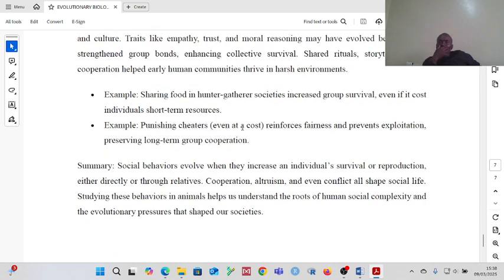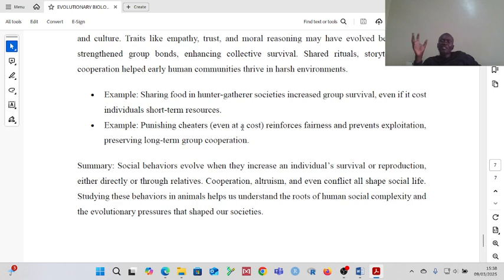So in summary, social behaviors will evolve when they increase an individual's survival and reproduction, either directly or through relatives, which is indirectly. So you saw there are cases when an organism is benefiting. There are some cases when the organism will not benefit, but so long as the relatives are benefiting. Okay?